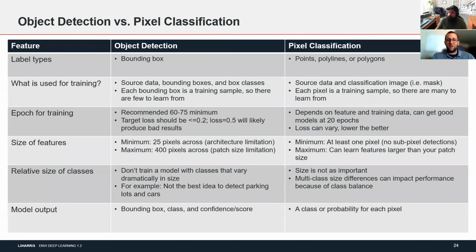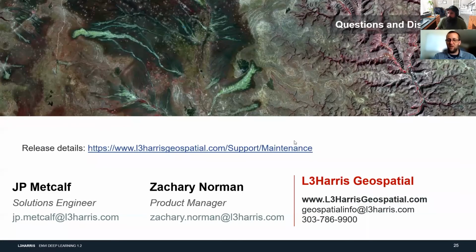It's probably better to have a model that's just parking lots and a model that's just cars, and maybe collating the results in some way. Part of that is thinking about cleanup. If you have false positives or lots of little boxes within big boxes, it could make cleanup a little bit tricky. So with that, I think we've wrapped it up.